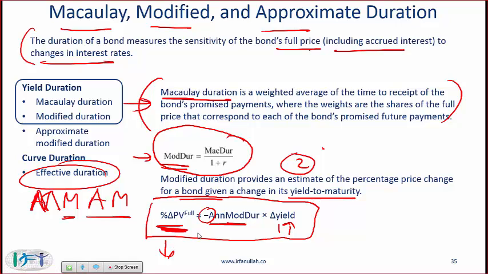So that's captured through the negative sign. So what have you learned? You have learned the basic definition of Macaulay duration, and you've learned modified duration, which is Macaulay over 1 plus R, and you've also understood the interpretation of modified duration.